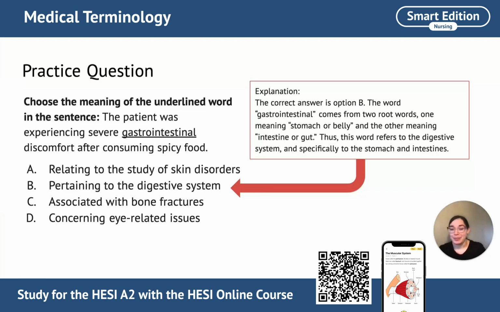Option A, option C, and option D refer to body parts that aren't really affected by the food that we eat, at least not directly. So those are incorrect. Option B, again, is our best answer here.